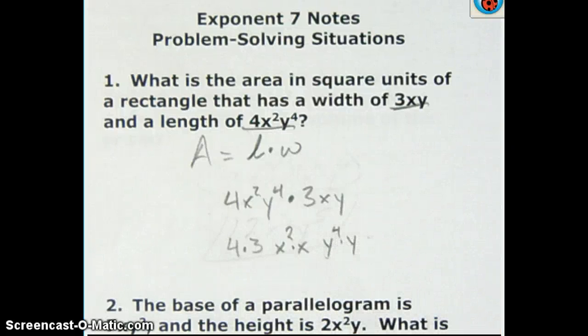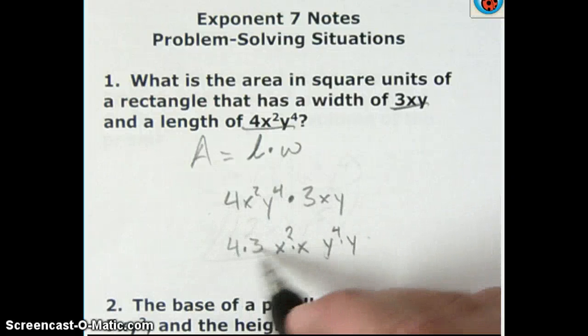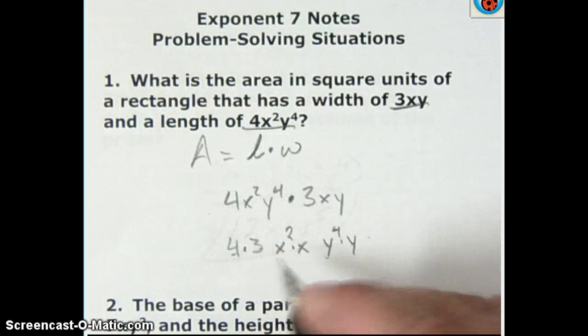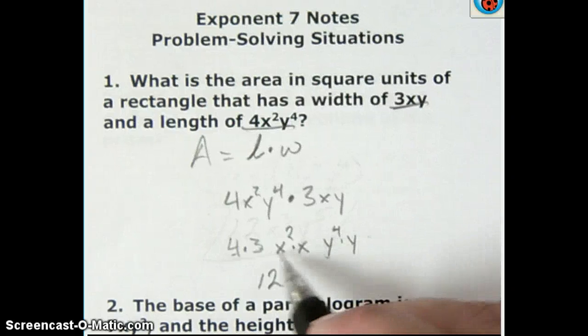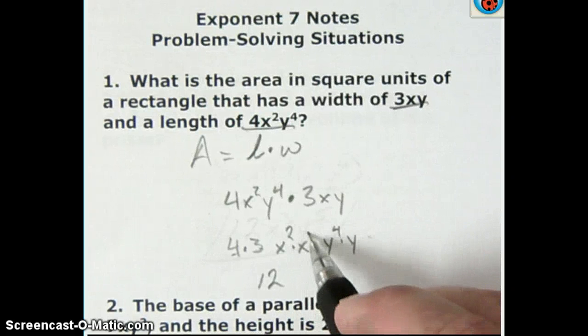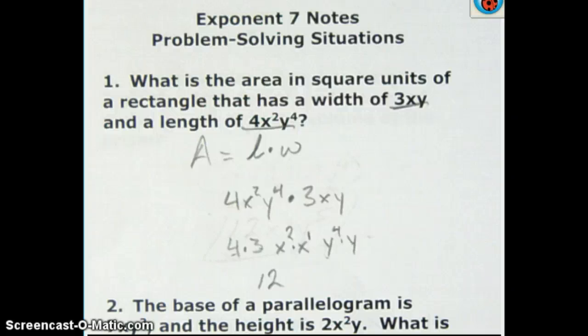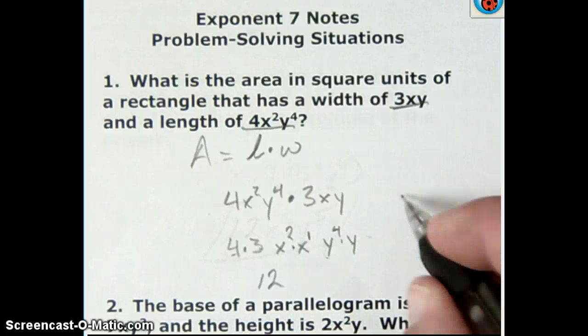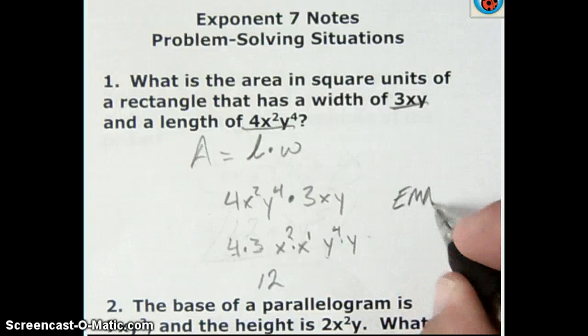Multiplying, remember coefficients don't have any laws for exponents, you just multiply them, we get 12. X squared times x to the, there's an imaginary 1, that's product of powers. So product of powers says that we add the exponents, or you can think of E-man. Remember E-man?